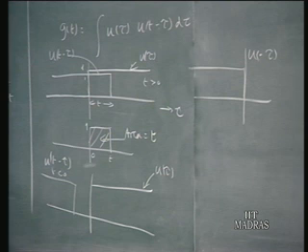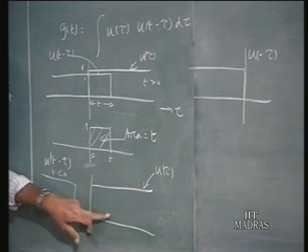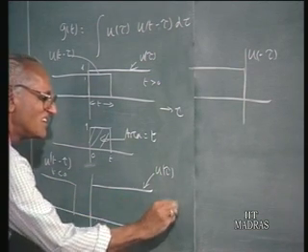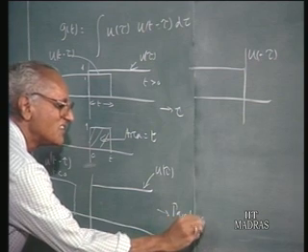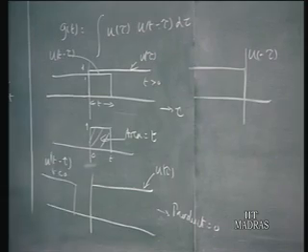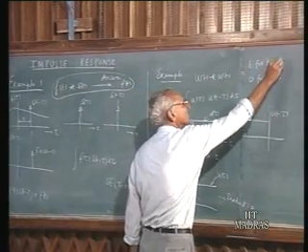So when you make the product of these two curves, it will be 0, because when this is non-zero the other is 0, when this is non-zero this function is 0. Product of u of tau times u of t minus tau is going to be 0 identically, therefore area is going to be 0, therefore the convolution product is 0 for t less than 0.